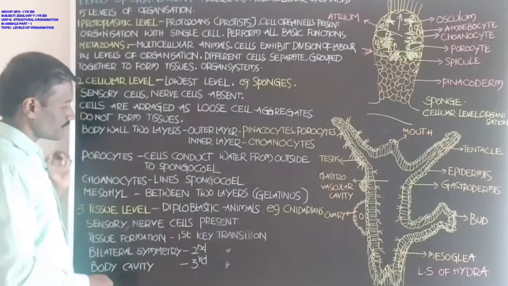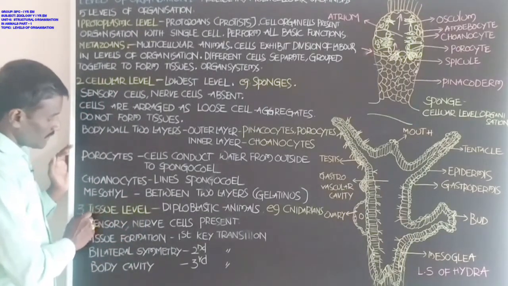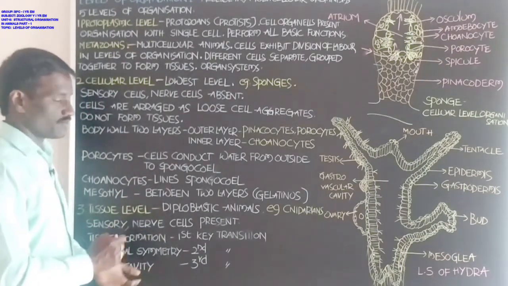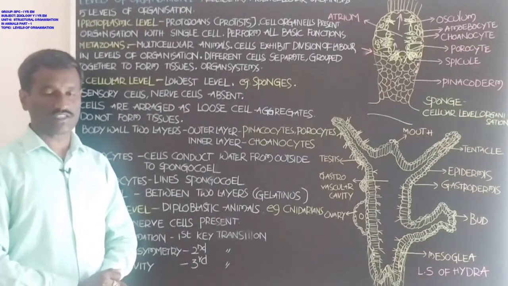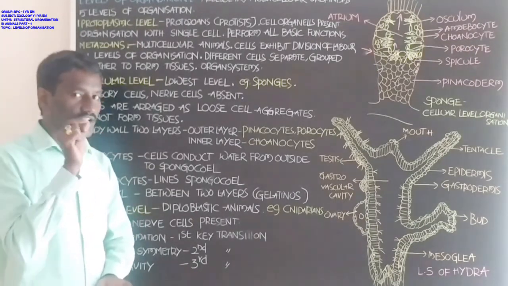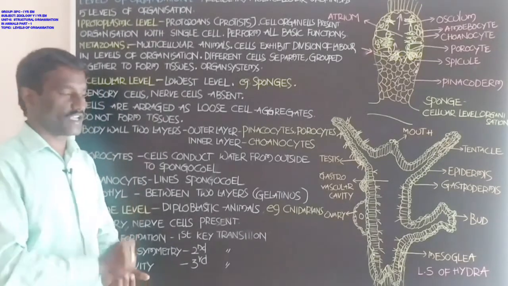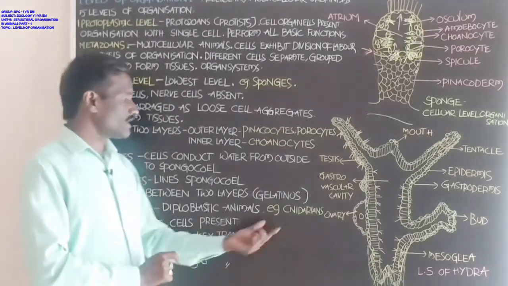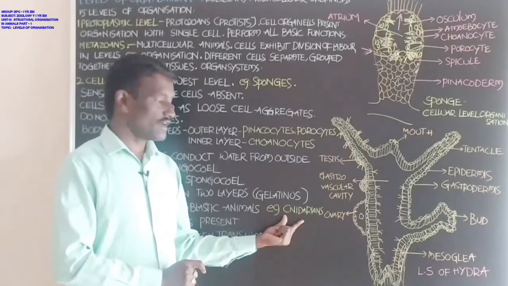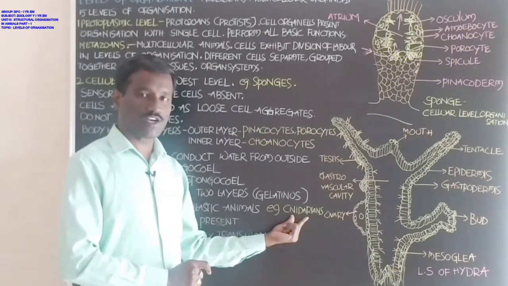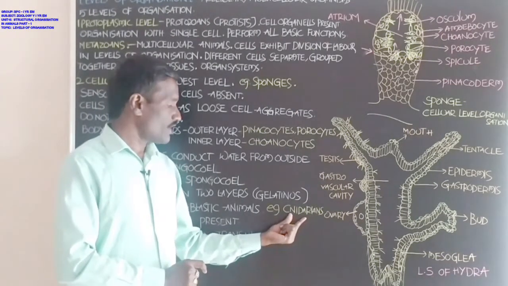Okay, students. Next, tissue level organization. This is shown by the diploblastic animals. Which are the diploblastic animals? Cnidarians are the diploblastic animals.